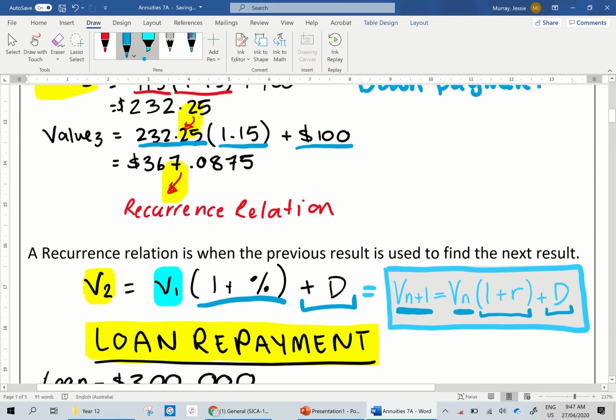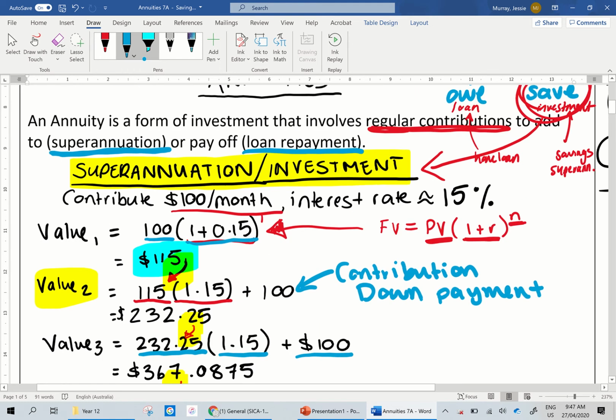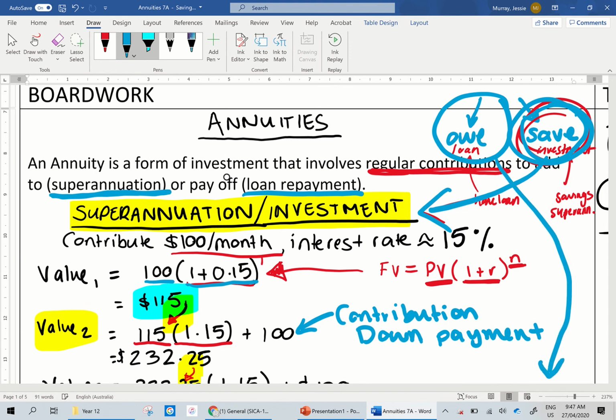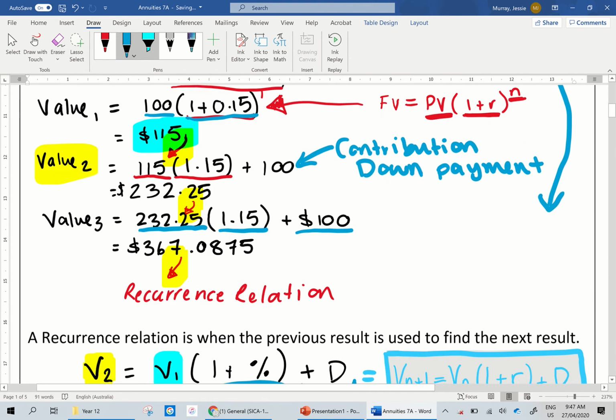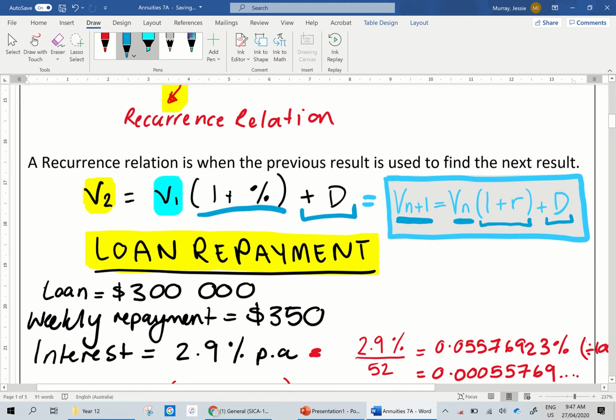Okay, now let's look at if I had to repay a loan. So remember, this was type 1, where I'm looking at a savings account. Now, a loan is what I'm going to look at further down here. It's the second type. Okay, and I'm going to, of course, use my own experience with my loan.